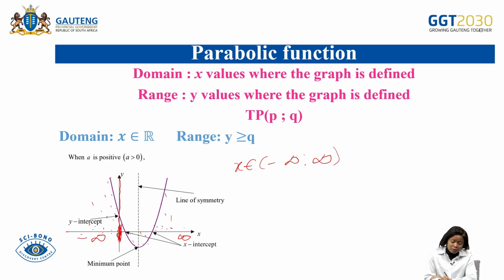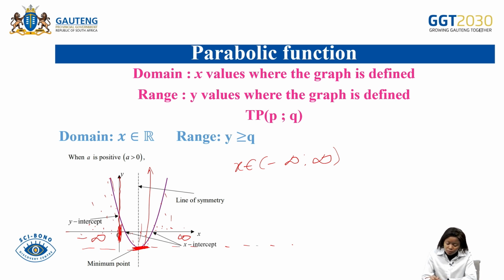If you have a smiley shape like this, when I concentrate on the values of y, I take from the y value of the turning point, which is the value of q, going all the way up. Then I say y is greater than or equal to q, because it starts exactly at that value of y of the turning point. I don't know if I'm making sense.